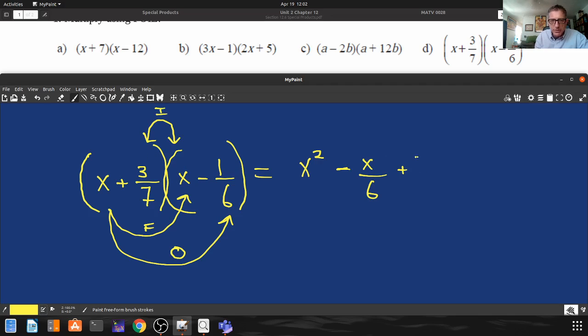So that's plus 3x over 7. So we will have to simplify those. And then my last terms are 3/7 times minus 1/6. So that's minus 3, and 7 times 6 is 42.